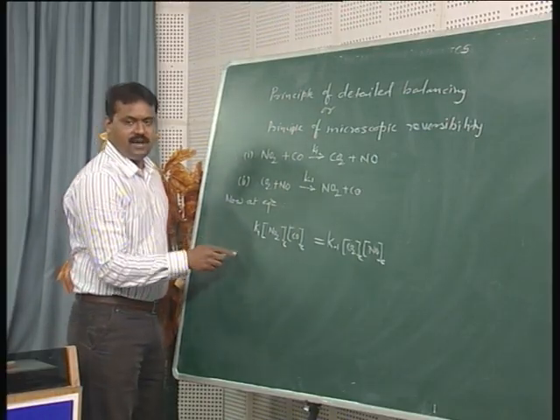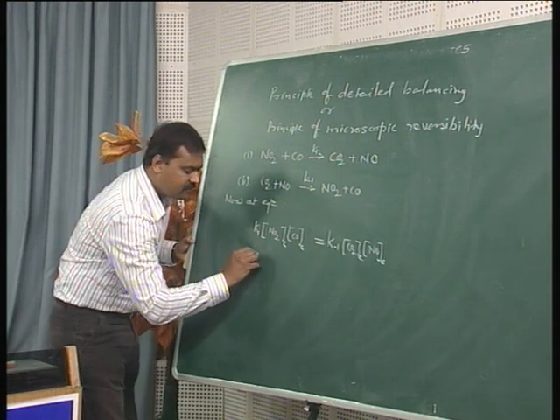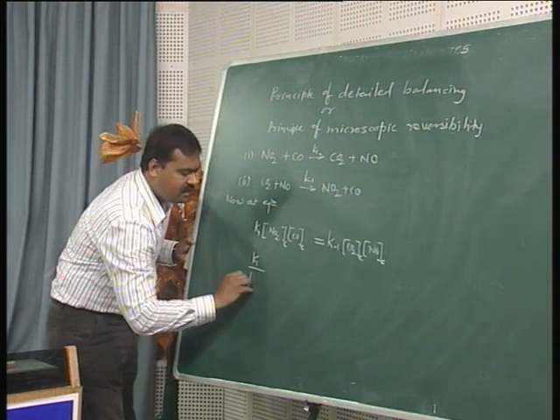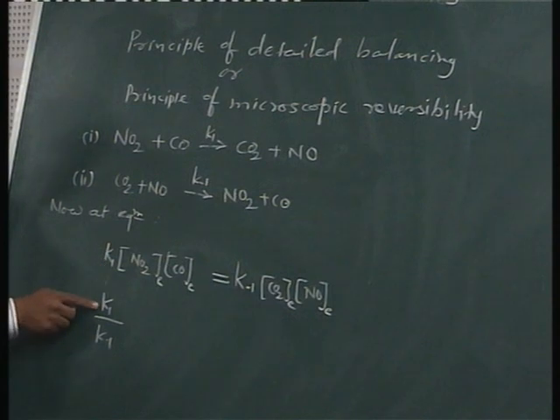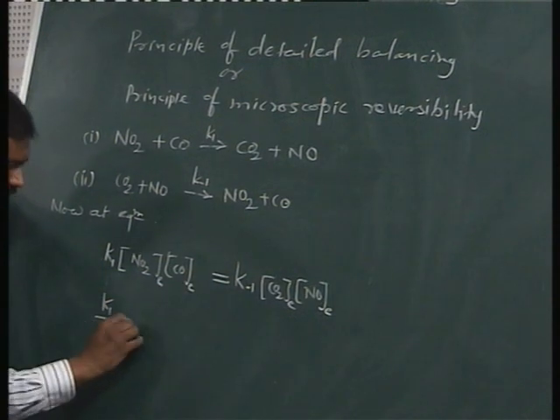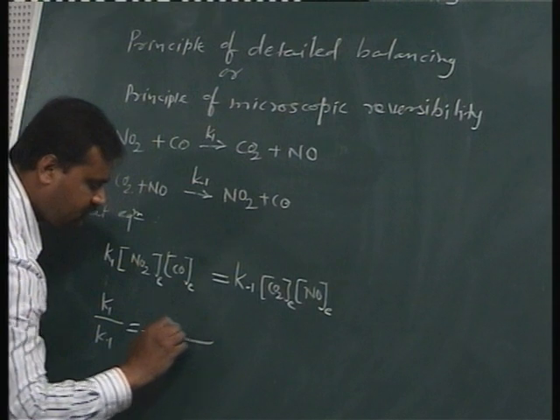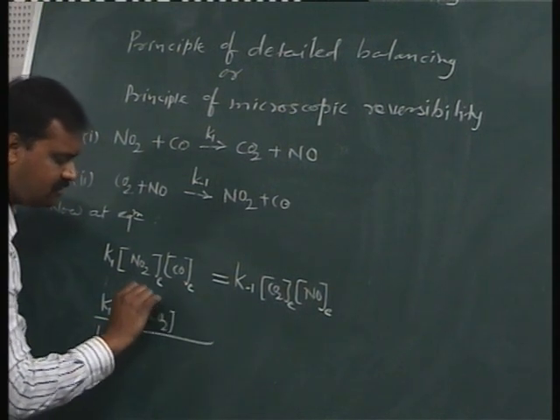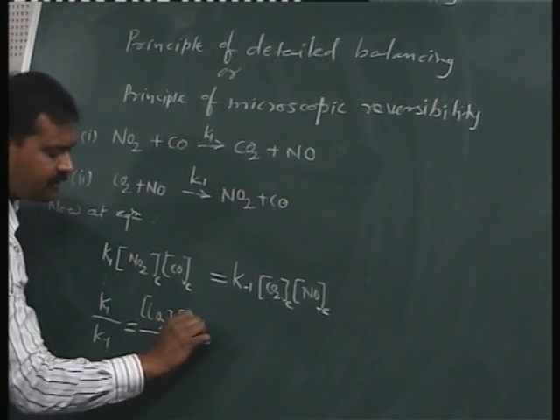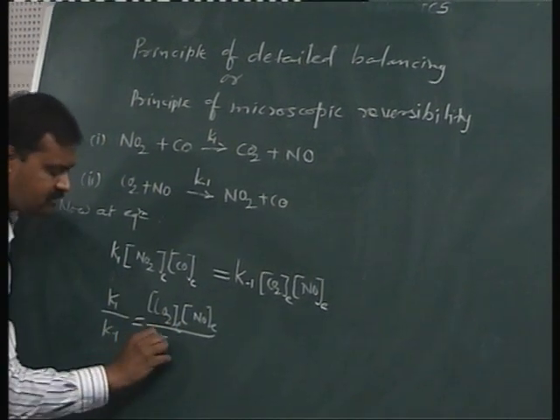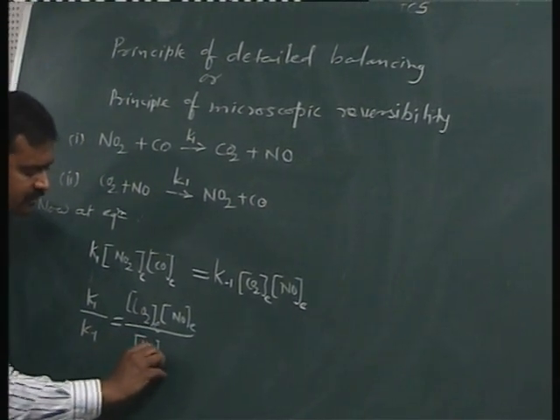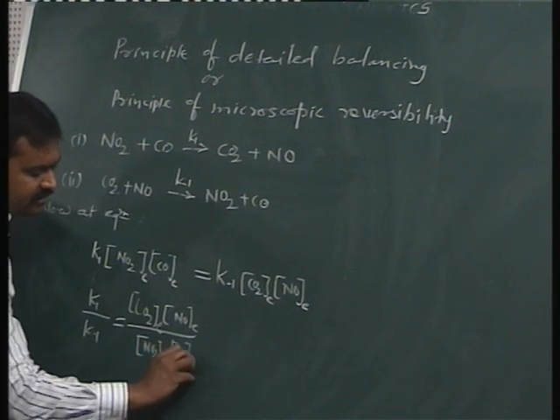Now if we rearrange this equation, like K1 by K minus 1, that means we are rearranging this equation so that the constants remain on one side, and therefore K1 by K minus 1 is equal to the concentration of CO2 into NO at equilibrium divided by NO2 at equilibrium and CO at equilibrium.